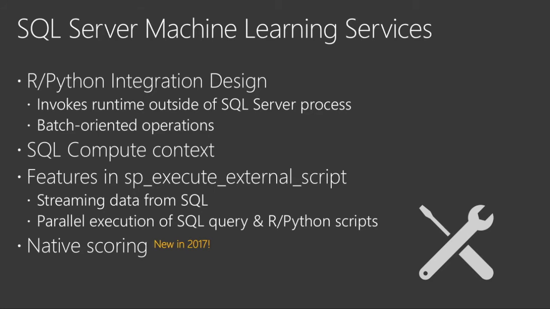The current one is not suited for that because you have to start the process every time and send the data, right? But there are ways to use that still. So that's what we mean by batch-oriented operations. And then we're going to look at what is available in the server, and 2017 also has a new thing called native scoring, which we'll look at.